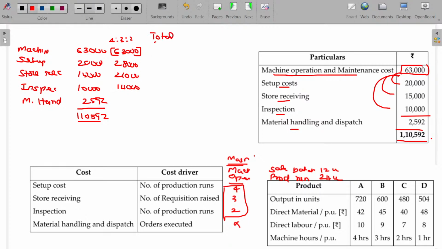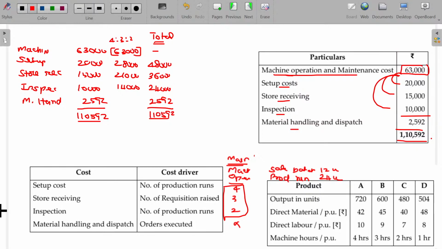After this adjustment the machine cost is 0, because that cost is redistributed to setup, stores receiving and inspection. Now setup cost is 48,000, stores receiving is 36,000, inspection is 24,000, and material handling is 2,592. Same overall cost. Is that clear?